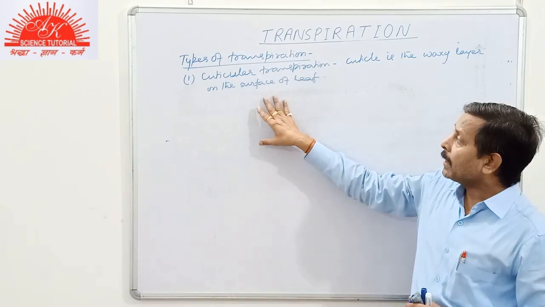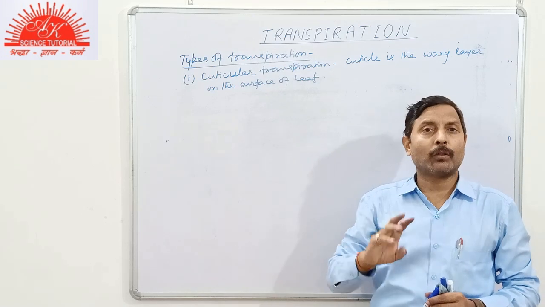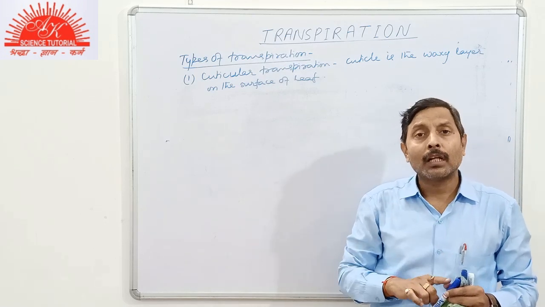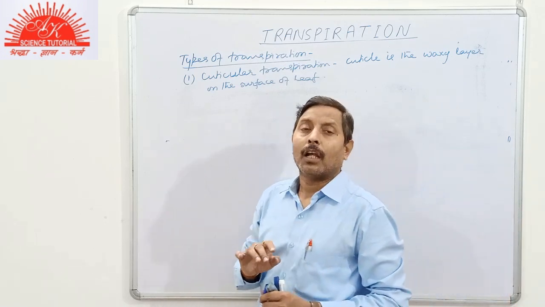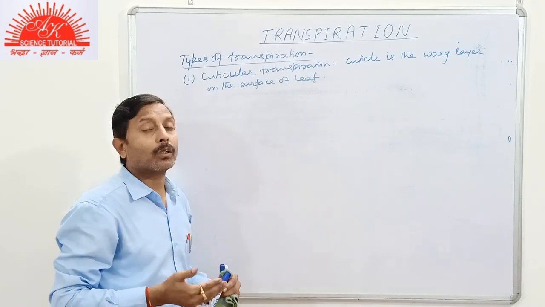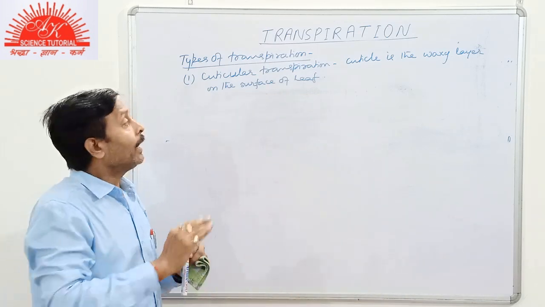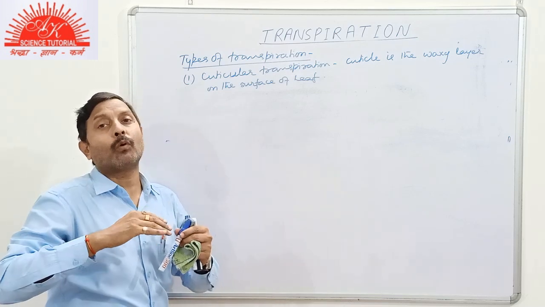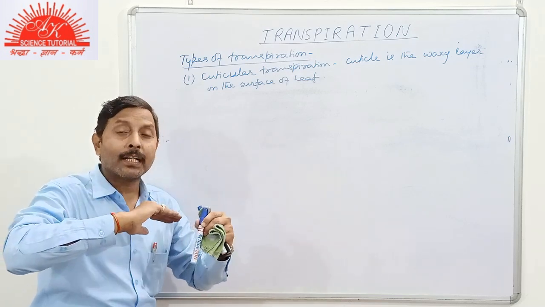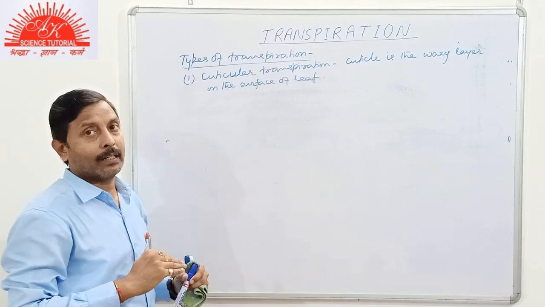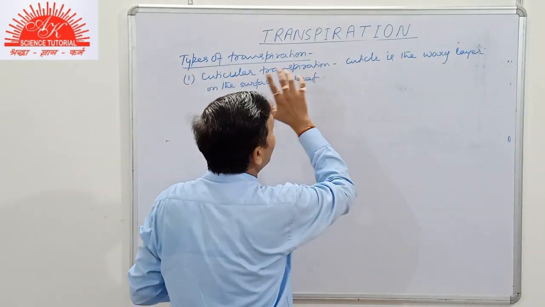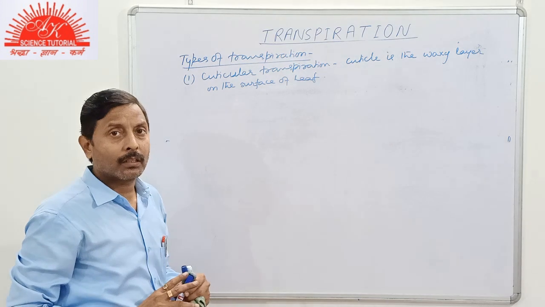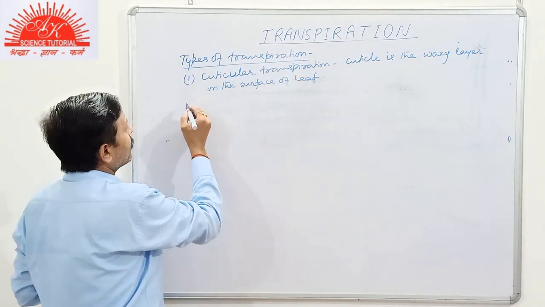In desert plants there is a thick layer of cuticle to reduce the rate of transpiration, to prevent excessive loss of water. But if the cuticle layer is thin, then some amount of water also evaporates passing through that layer. This is called cuticular transpiration. Clear, student?